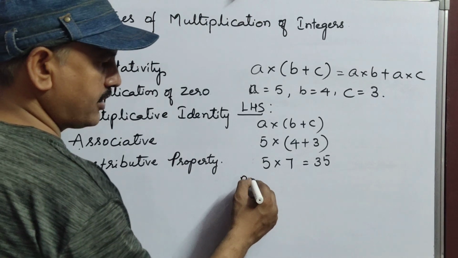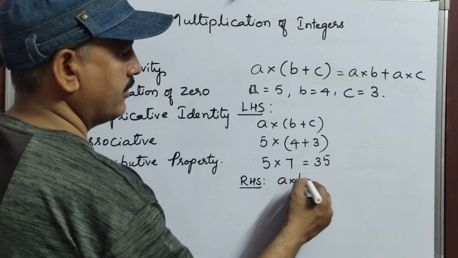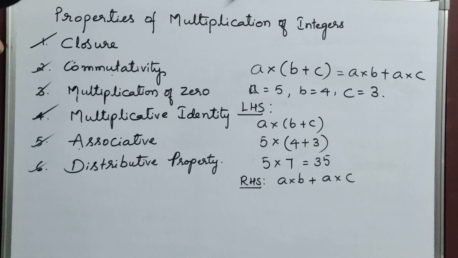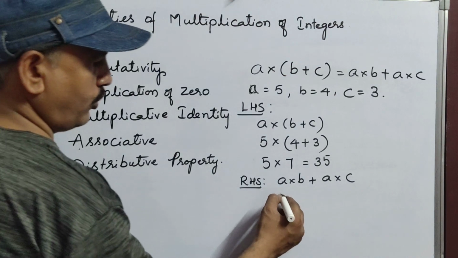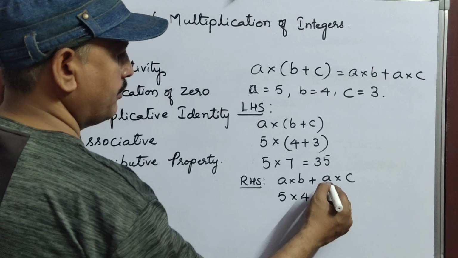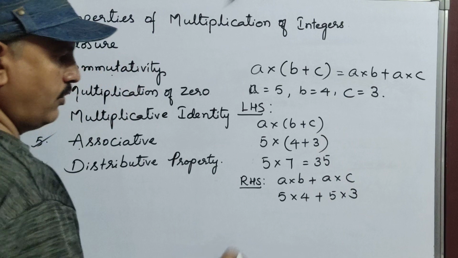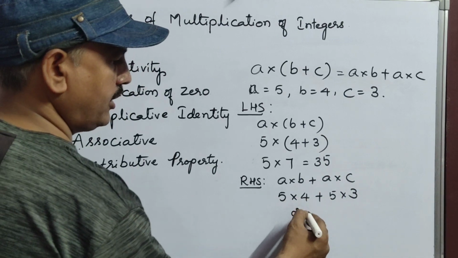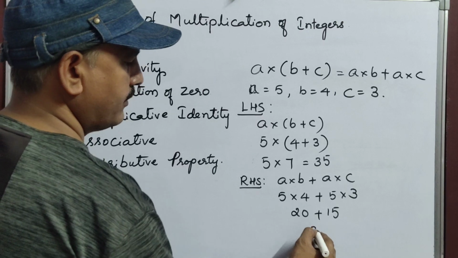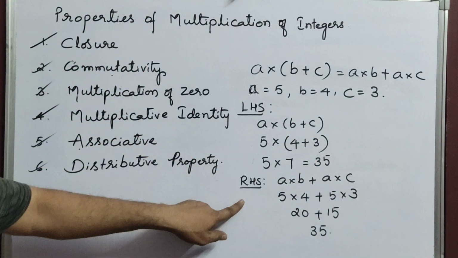Now coming to the RHS: A into B plus A into C. A value is 5, so 5 into 4 plus 5 into 3. 5 fours are 20 plus 5 threes are 15. Total 35. That means LHS equals RHS.